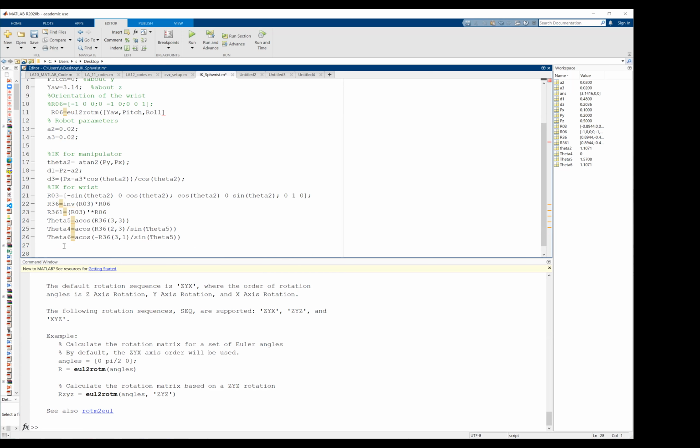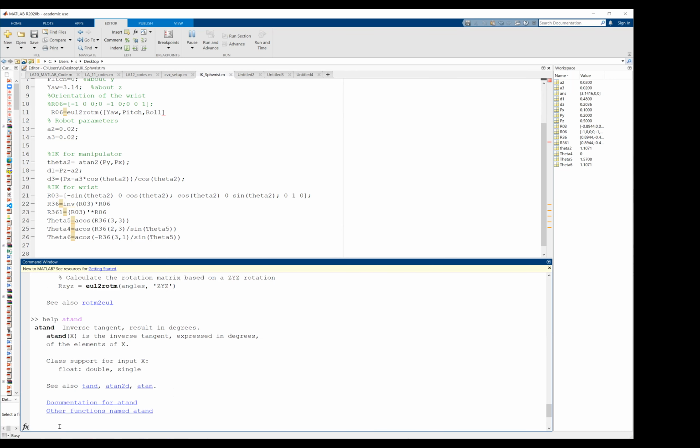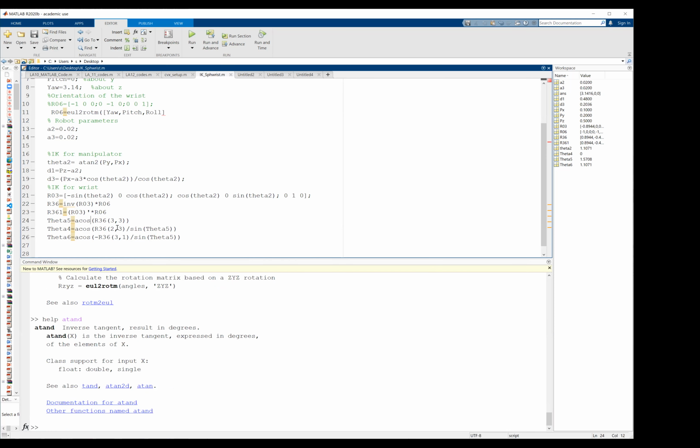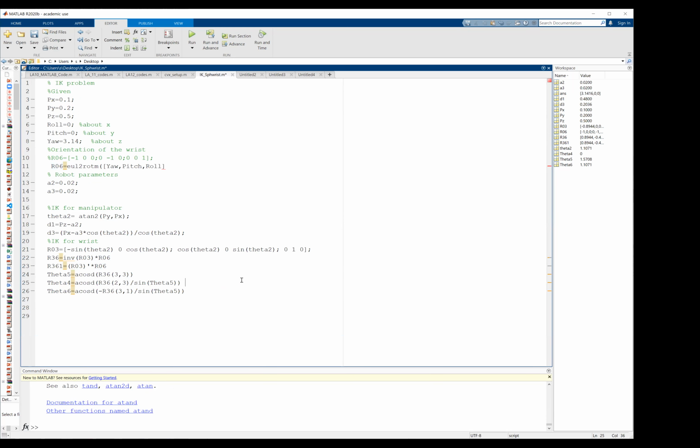You can actually use a command. Let me check help for atand. Basically, if you convert this to acosd, now this will give you the values in degrees. So you can use the MATLAB command acosd, and that will give you the values in degrees. So now you run.